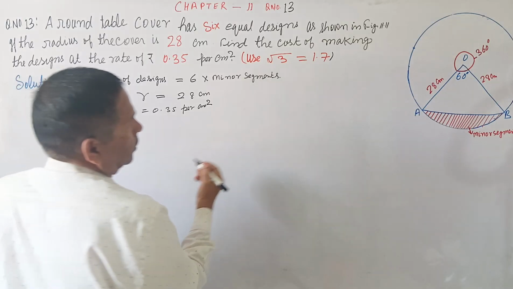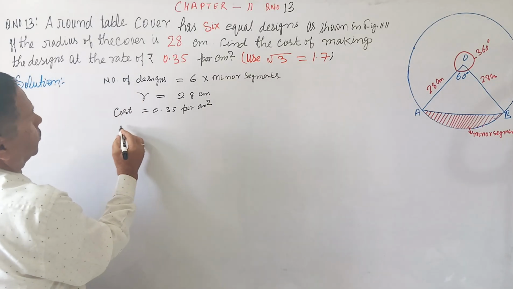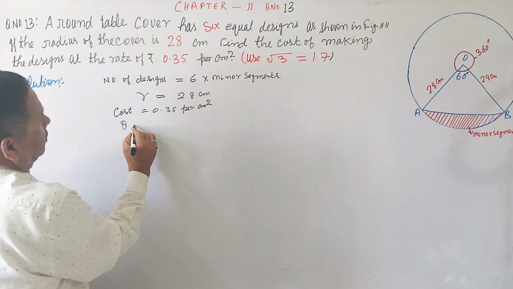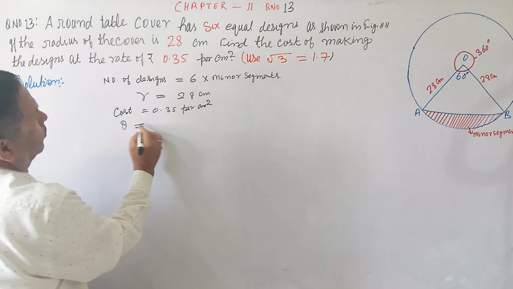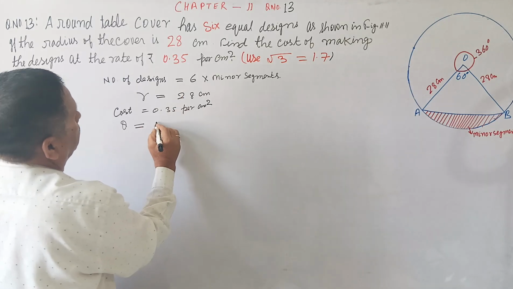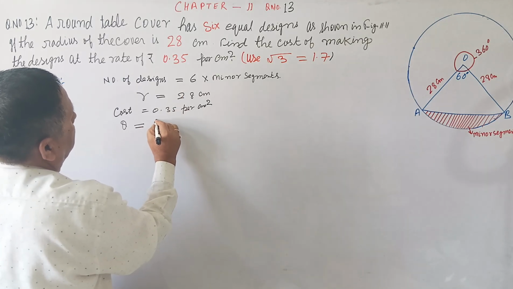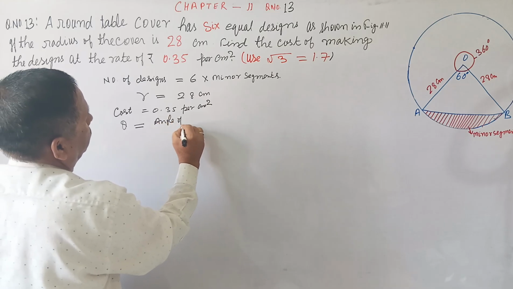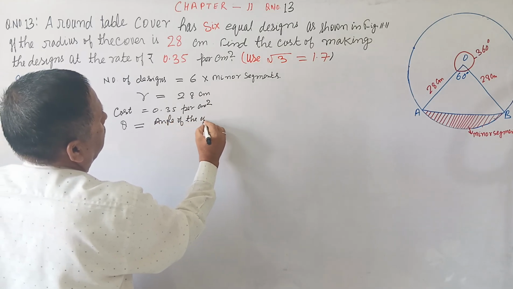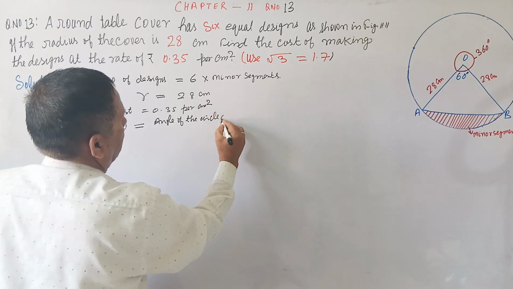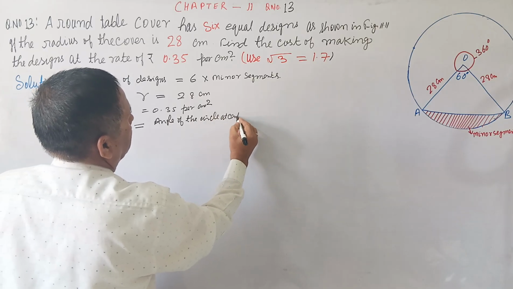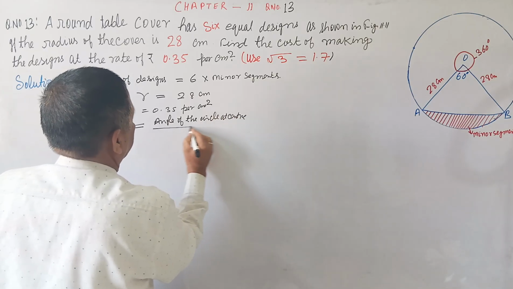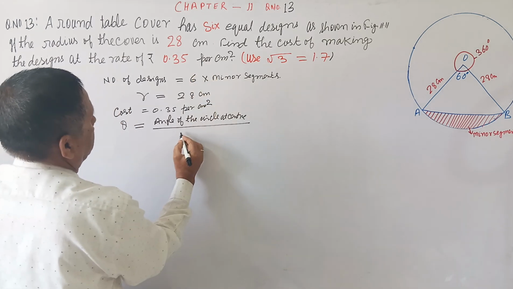Now this is a sector, so we must know the theta angle. That is, the angle of the sector will be the total angle at the center of the circle divided by 6.